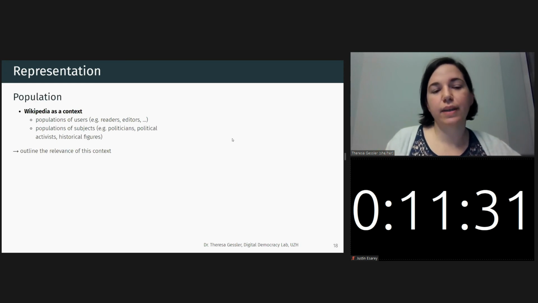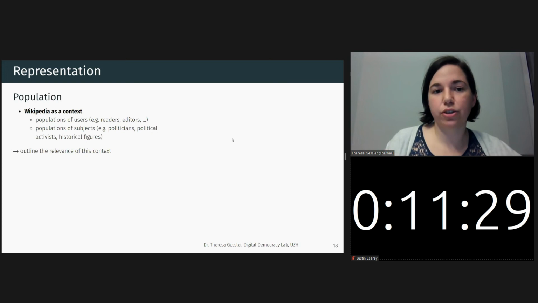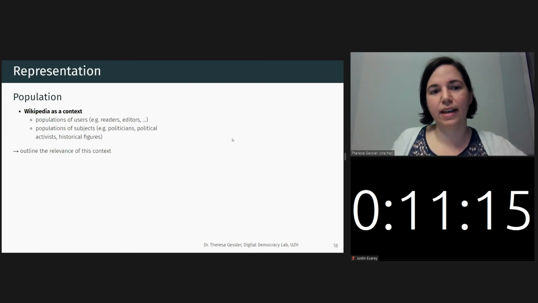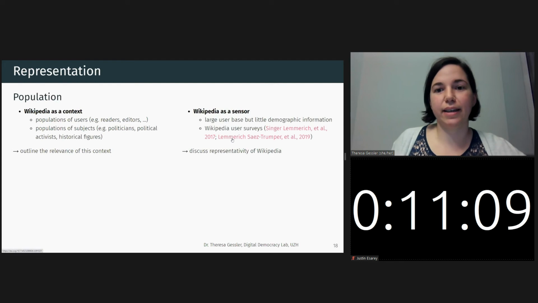In these cases, we are typically interested in the population of users, for example, the readers, the editors, or a population of subjects. So for example, how are specific politicians represented, how are specific activists, issues, and so on represented. In these cases, I think it's mostly a question of the relevance of the context Wikipedia.